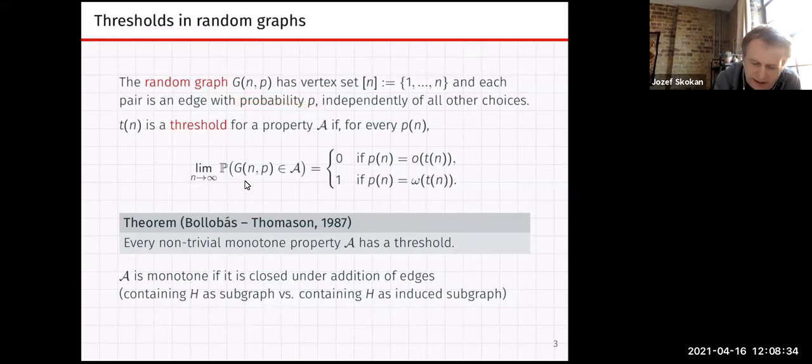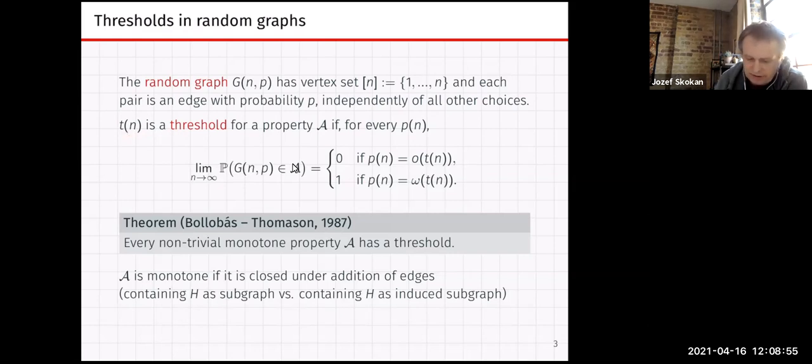Now in this model, a function T(n) will be called a threshold for some property A. Let's think about all graphs which contain a triangle. For this property, T(n) is a threshold if the following is true.